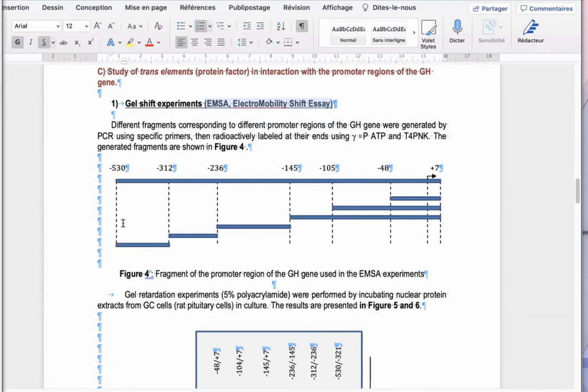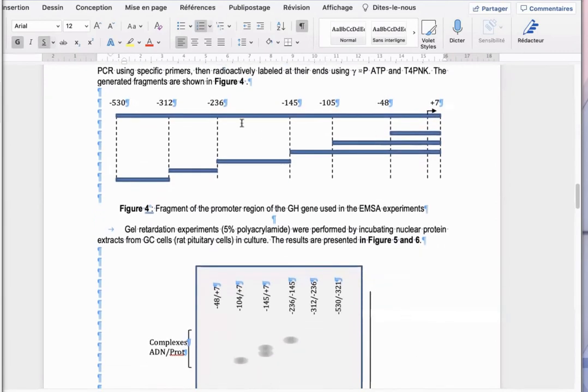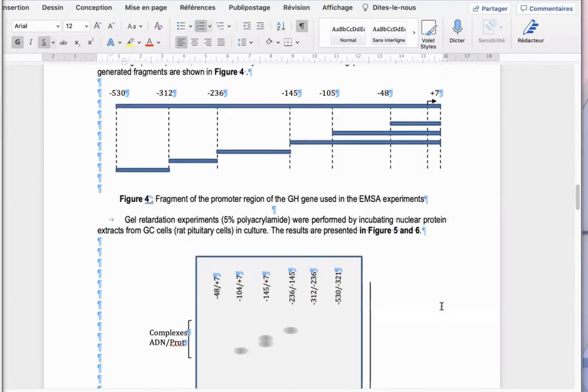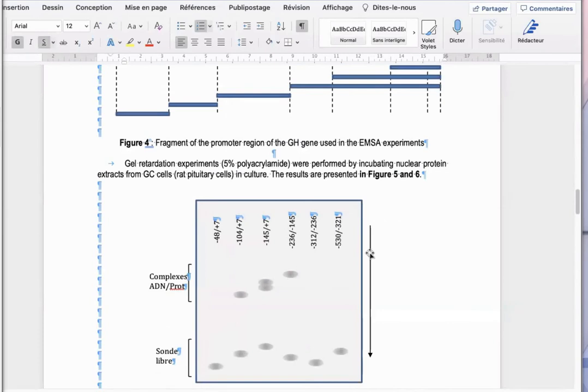So they generate all these fragments, okay? The figure number 4 is only here to show you which region corresponds to which fragment. And they use all these fragments to do gel retardation experiments, so EMSA, on a gel.